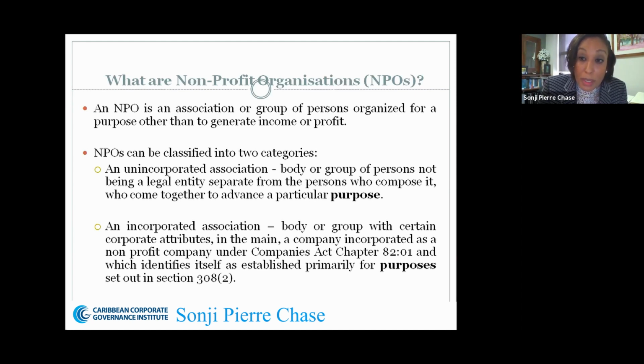So if you wanted to have that corporate structure, you had to form yourself into a legal body as a non-profit company under the Companies Act. So you have to go through the regimes of the Companies Act and incorporate a non-profit company. And that is what distinguishes an unincorporated association from an incorporated association.